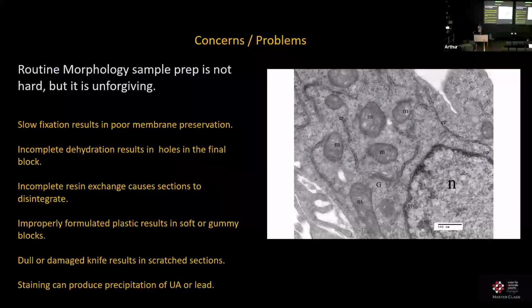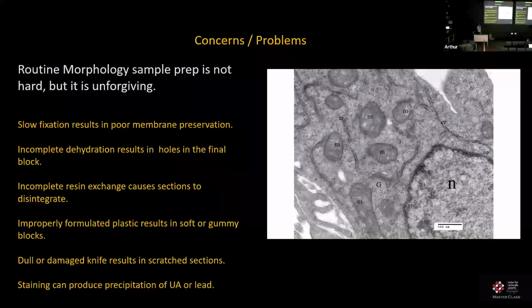If you've formulated your plastic improperly, you may end up with a block that's too soft or gummy, or actually it can be too hard, and when you go to cut it, it just shatters like crystal instead of cutting like a nice plastic block.